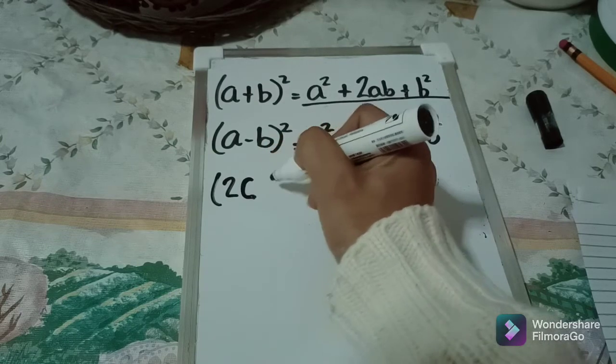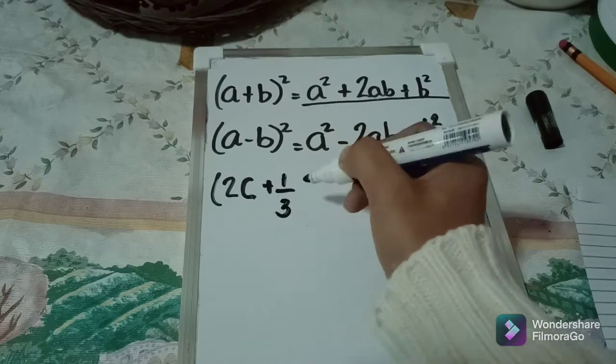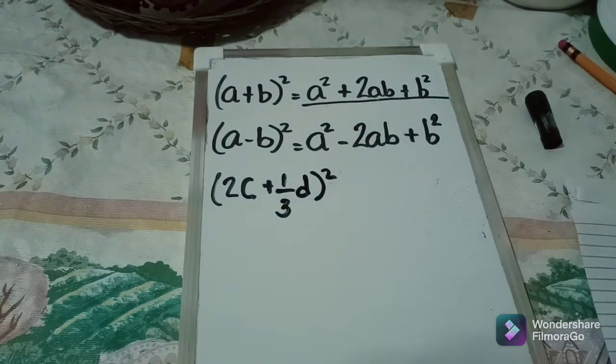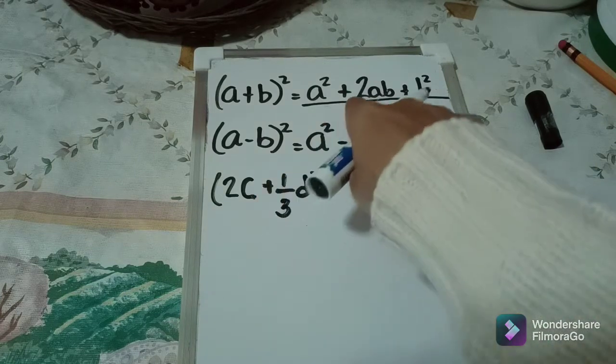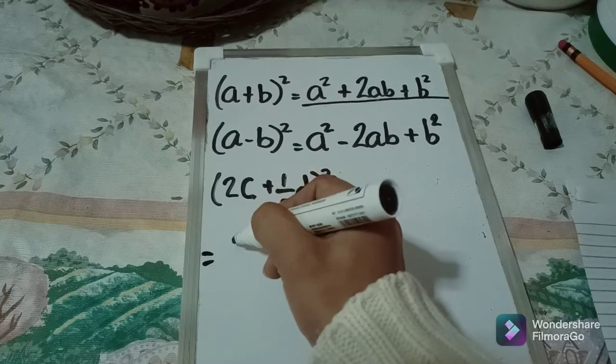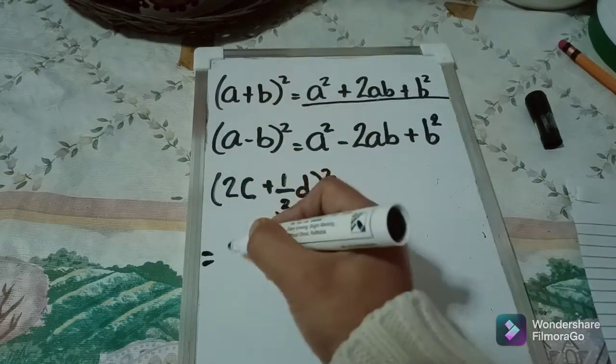2c plus, may fraction tayo. 1/3 d squared. Okay? So, since it's plus, ito ang gagamitin natin. So, a square, asan ang a natin? Ito. Okay?